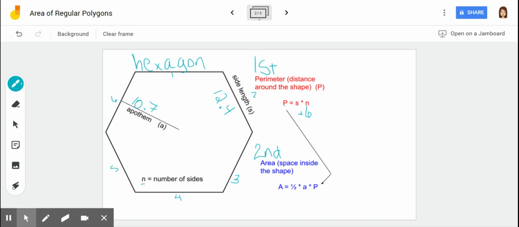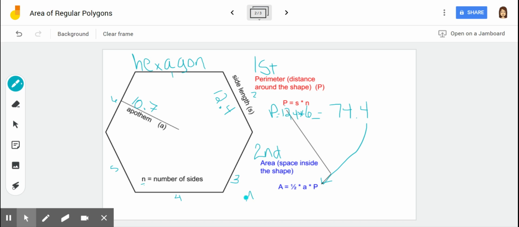So let's take our number of sides, 6. We're going to multiply that by our side length, which is 12.4, because that's going to give us our perimeter. So our perimeter is 74.4. And then we're going to use that perimeter to calculate our area.